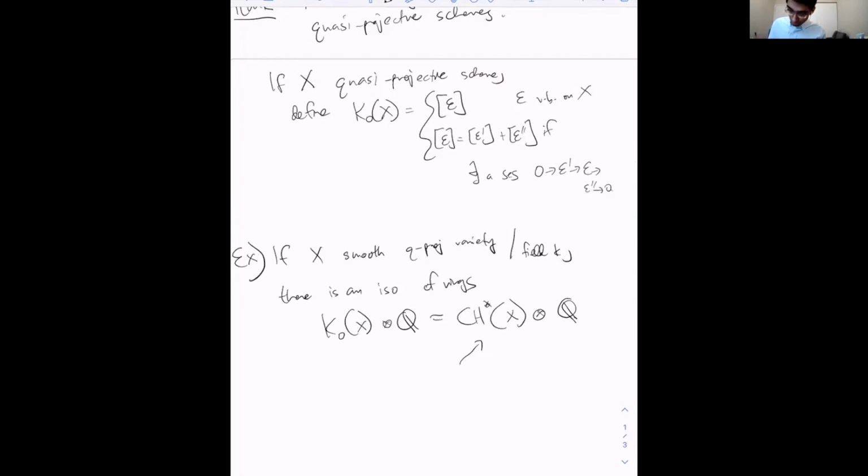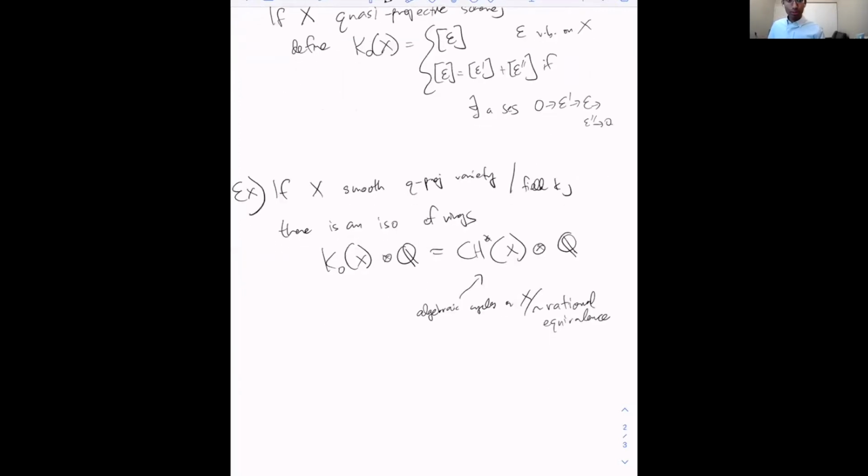It is defined in terms of algebraic cycles on X modulo the relation of rational equivalence, and it's made into a ring by taking the intersection product of cycles.